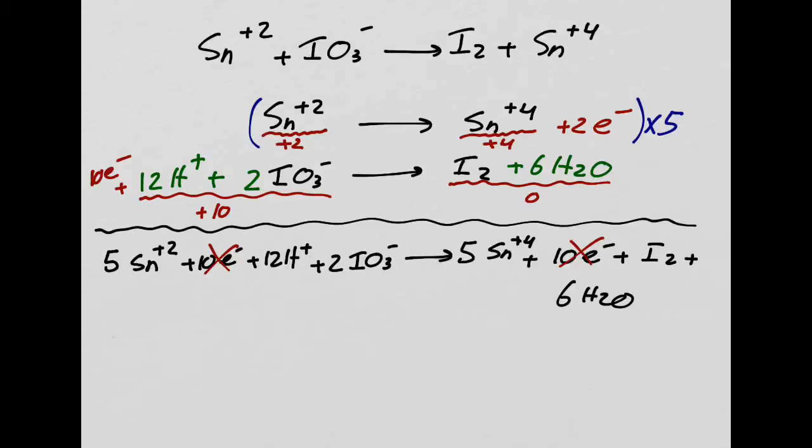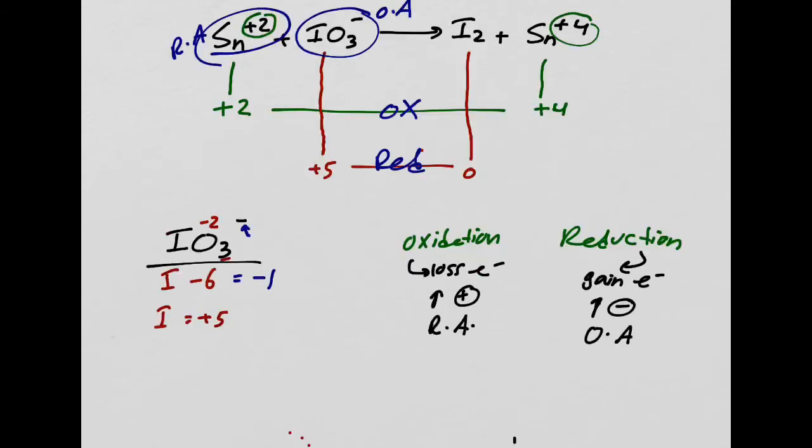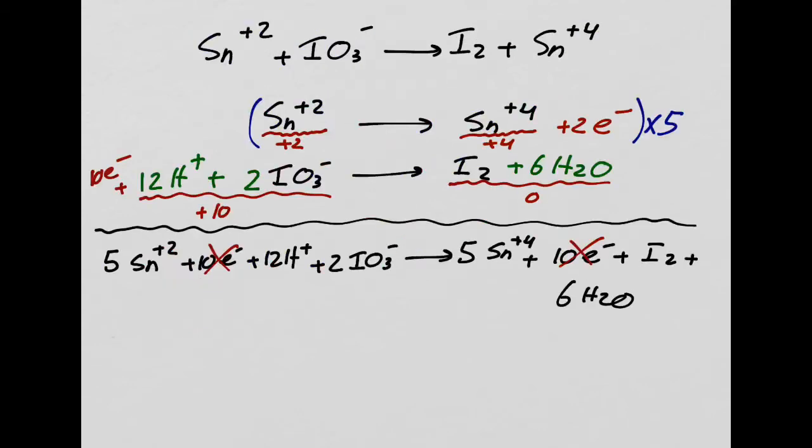Now we want to double check ourselves. We figure out what's been oxidized, what's been reduced, the oxidizing agent, the reducing agent. I showed you a shortcut, the RR rule. Let's confirm that what we had talked about lines up with this. I said if you add electrons to the right, that's your reducing agent. Which one has the electrons added to the right? This one, the electrons are added to the left. This one is added to the right hand side.